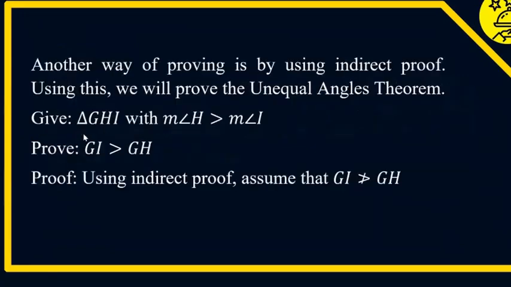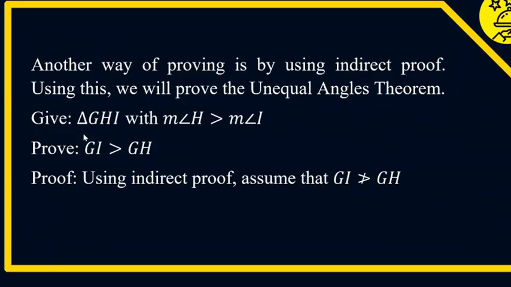Another way of proving is by the use of indirect proof. Using this, we will prove the inequality angle theorems, and let us try. So given a triangle GHI with the measure of angle H greater than the measure of angle I, let us prove that IG is greater than GH.